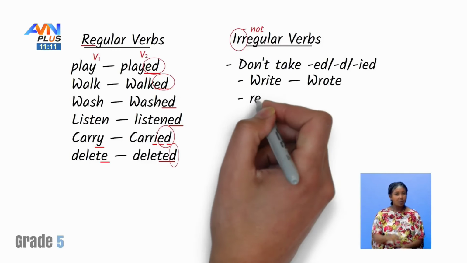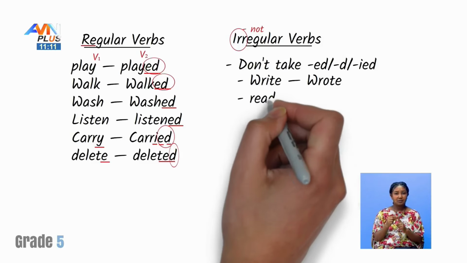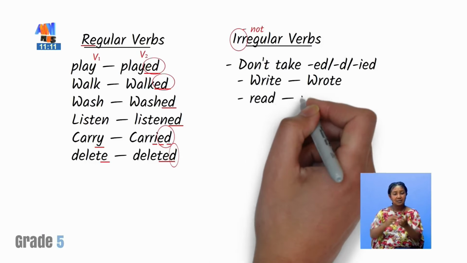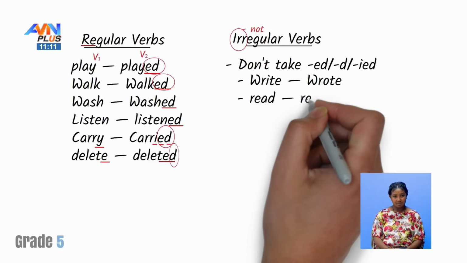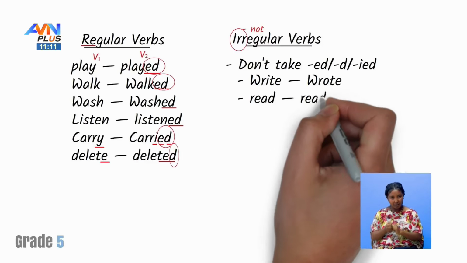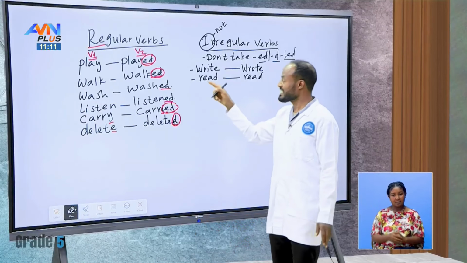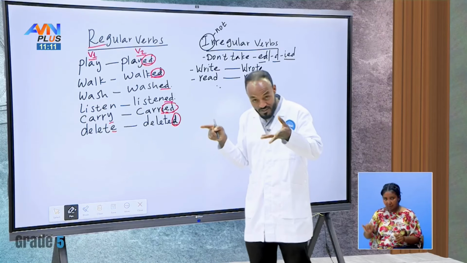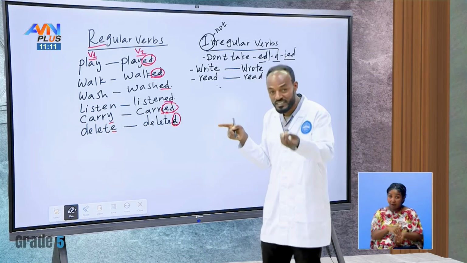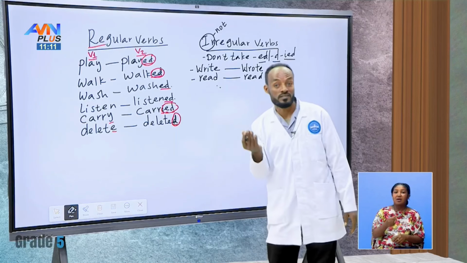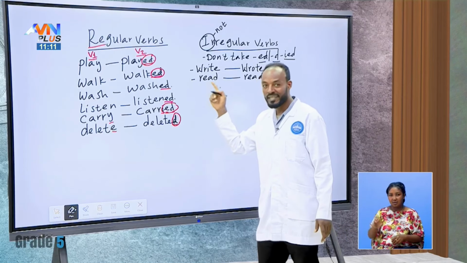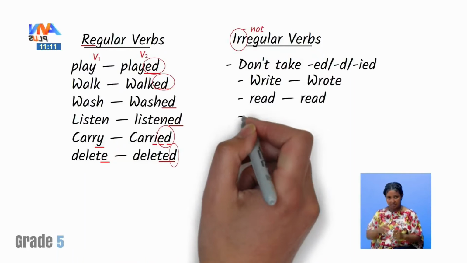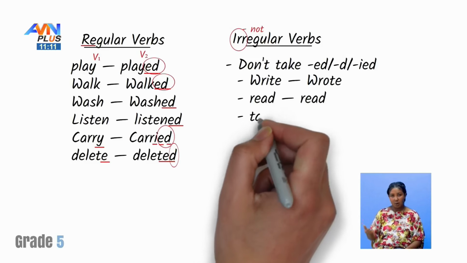What about the word read? Read can be written the same way as the first one, but when you pronounce it, when we read it, we have to say it as read. Okay? Nice.